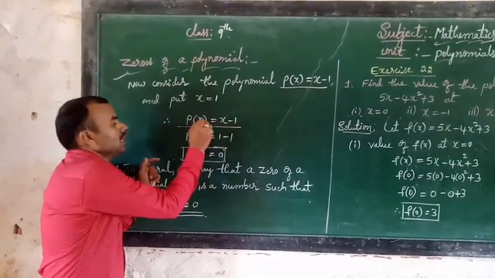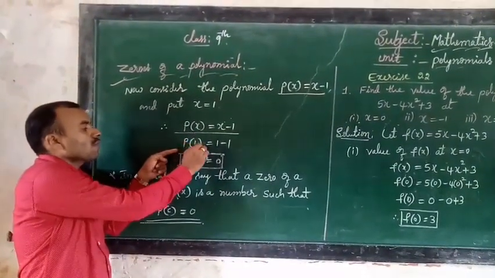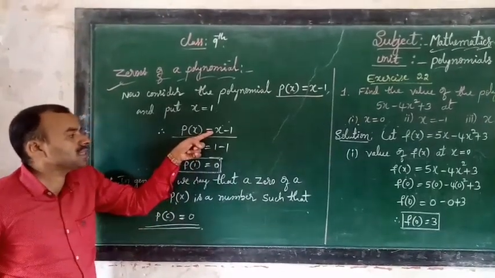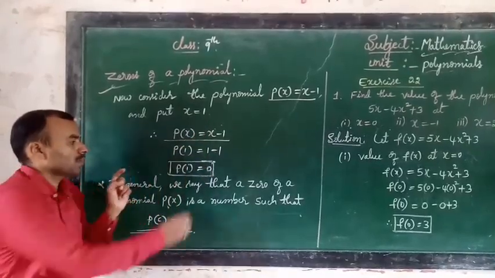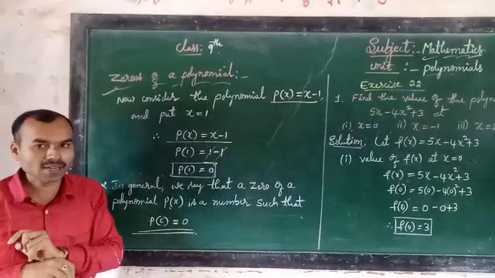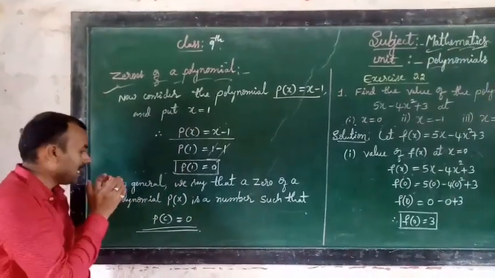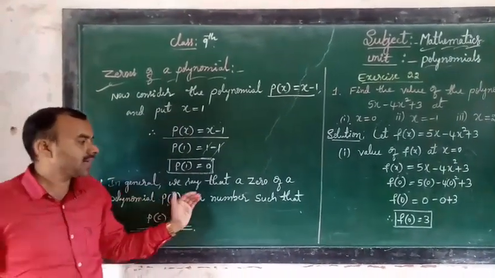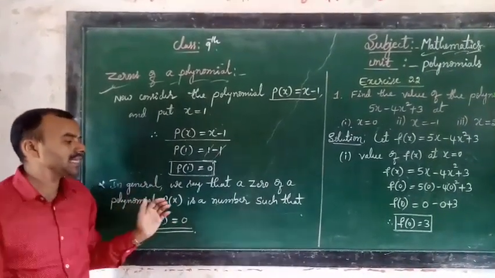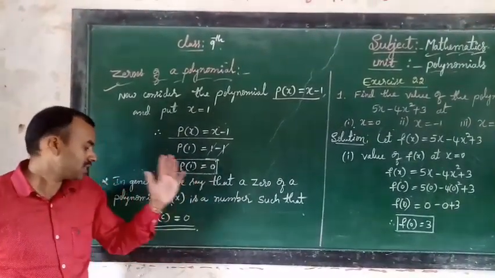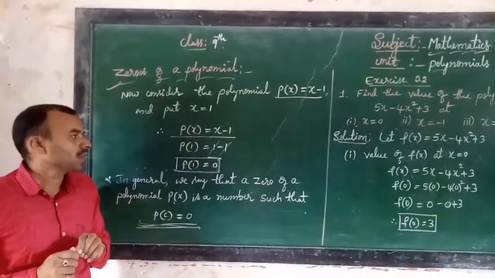So in the place of x we put 1, it becomes p of 1 equals 1 minus 1 plus 1, and minus 1 and 1 get cancelled. So p of 1 is equal to 0. In general, we say that a zero of a polynomial p of x is a number c such that p of c is equal to 0.